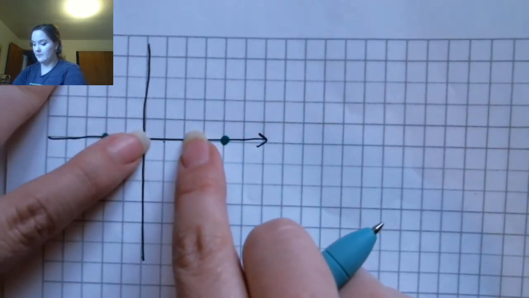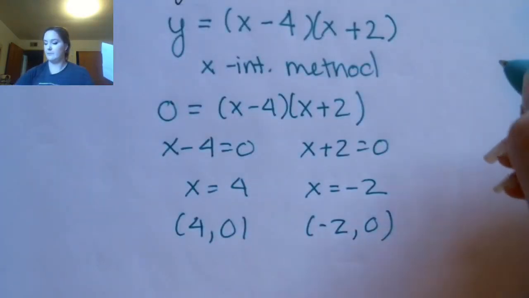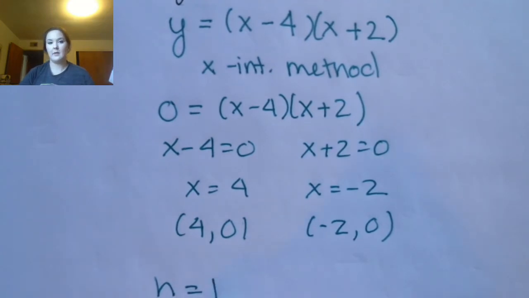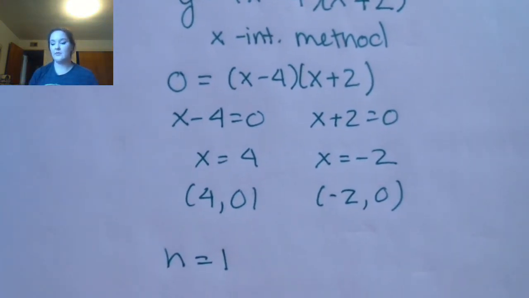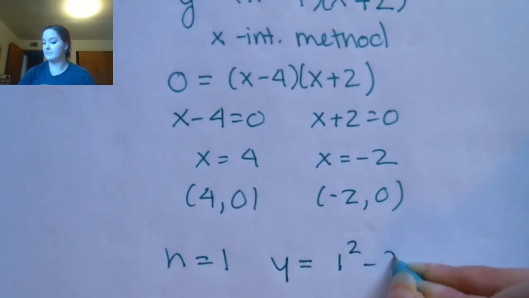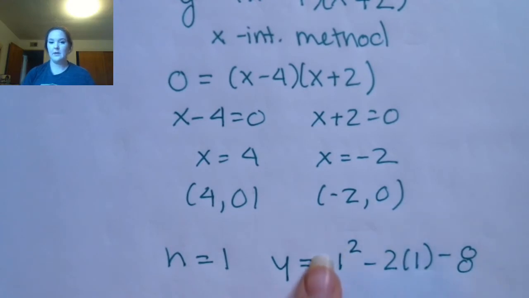That's going to give me an h value of 1. I'm going to find the corresponding y value by plugging this in. 1 minus 2 is -1, minus 8 is -9.